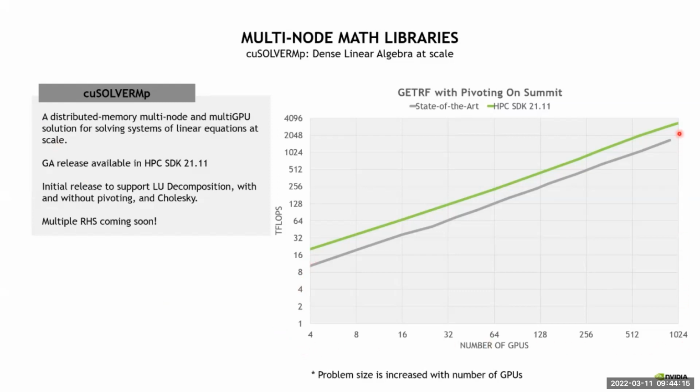So here we're running on up to 1,024 GPUs, and you can see that the cuSolver performance across multiple GPUs is actually better than the current state-of-the-art library that's available from the community. So this is generally available in the HPC SDK 21.11 and beyond. It currently only supports a subset of cuSolver, but more functionality is constantly being added.